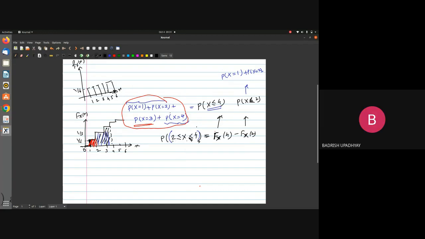We have to just add the probability x equal to 2 to this. Or I can do like this, Fx of 4 minus Fx of 1. This is also fine, right? Or I can do minus and plus the probability that x equals 2, since I need to include this. So this less than or equal to distinction will be important when we are finding probabilities for a discrete random variable, right?